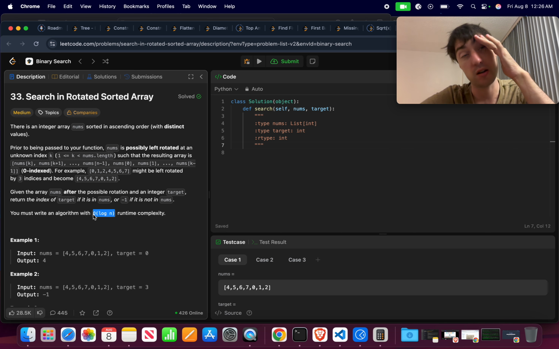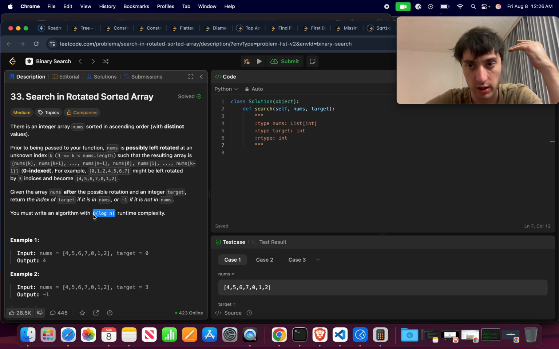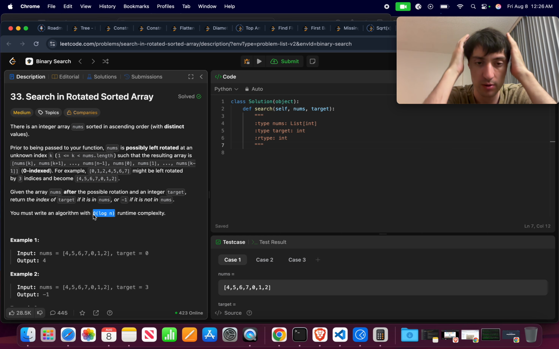When I was watching the video in the morning, I remember the key concept is that if you look at your bounds, you are able to determine where the pivot occurs.